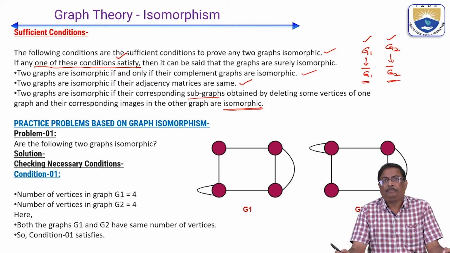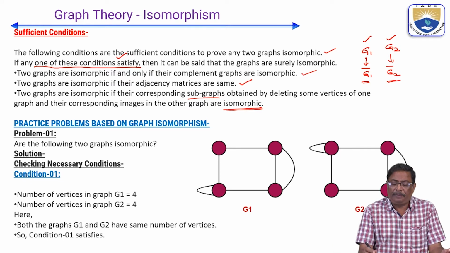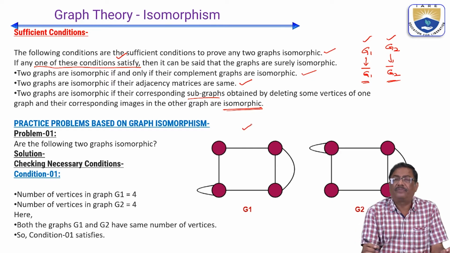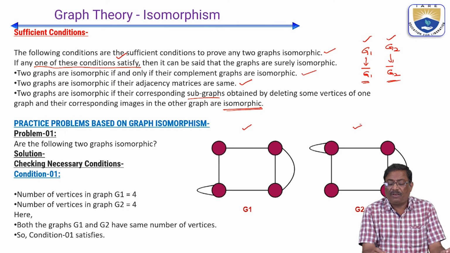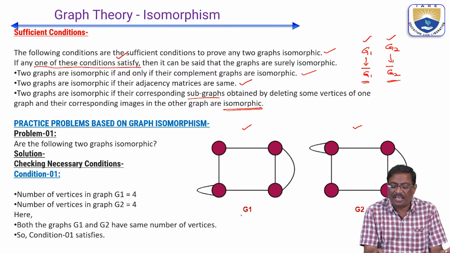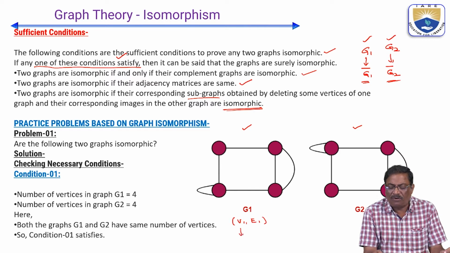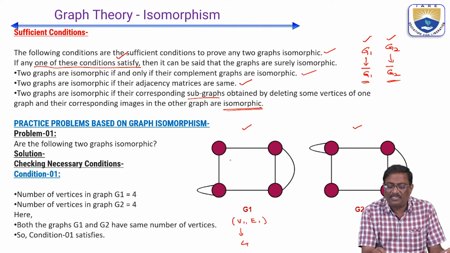Now let us go for one problem. Let us say G1 is one graph, G2 is another graph. G1 has, let us say, V1 vertices and E1 edges. The number of vertices here is 4, and how many edges? 1, 2, 3, 4, 5, 6 edges.